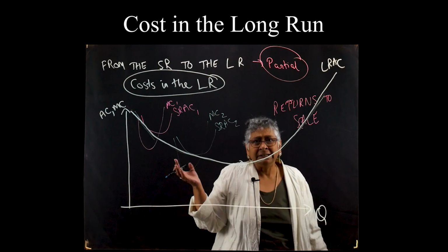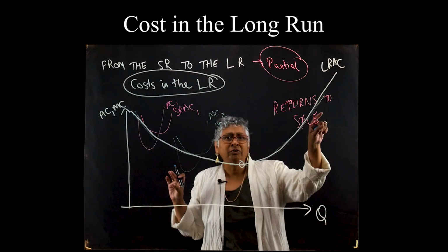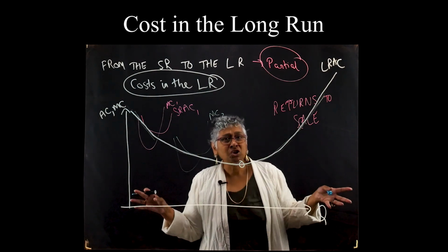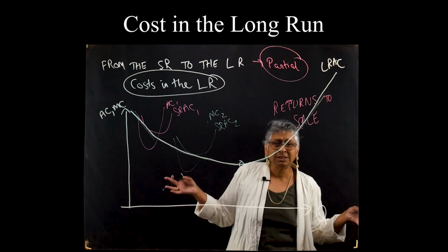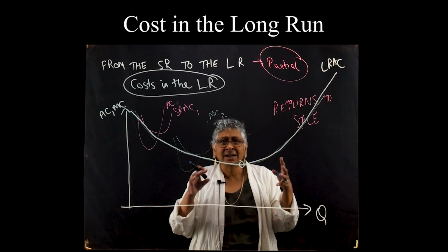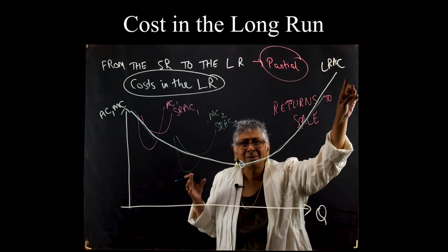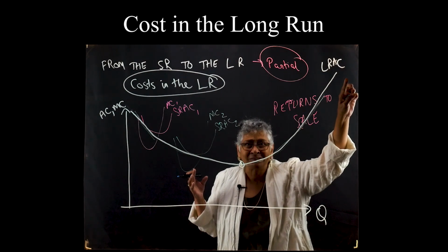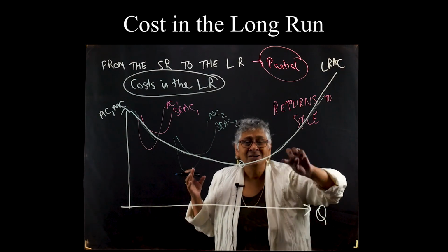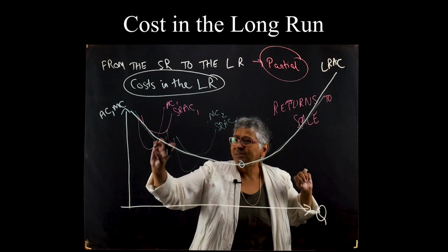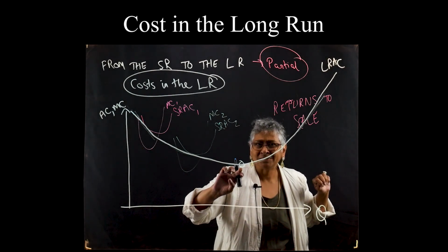Eventually, however, I can't really, because I'm a single firm, there's a point at which I can't, unless I'm a monopoly, which we'll come to with the whole case of natural monopolies later. If I keep on trying to produce at a bigger and bigger scale, I have to manage more shops, I have to produce across 15 countries, I have to do this, I have to do that. I just cannot benefit that much by my scale expansion. So this is increasing returns to scale: my costs are going down, I'm benefiting from scale.